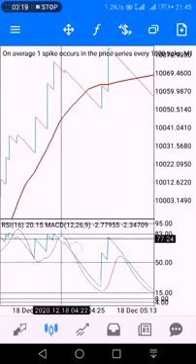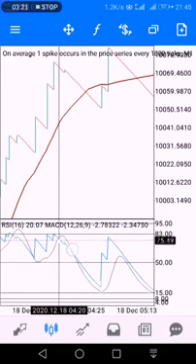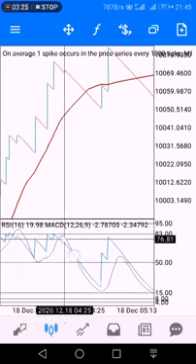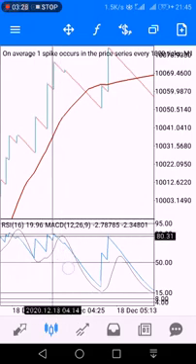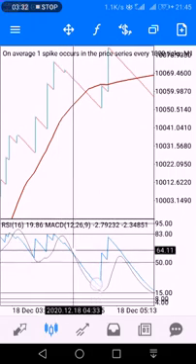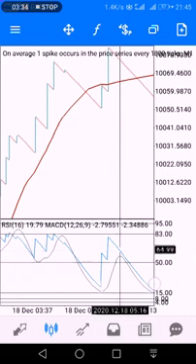So once your MACD line crosses through the RSI, we'll scalp three candles. If we had entered here, we would have scalped three candles. If we had entered here, we would have scalped three candles as well.